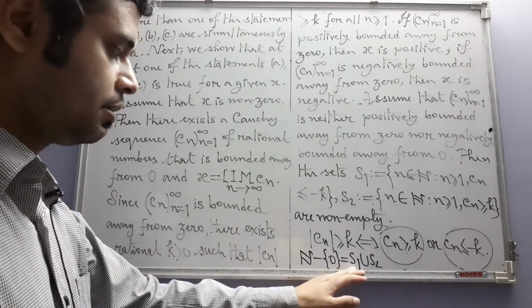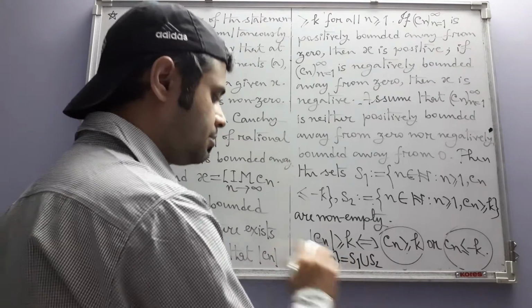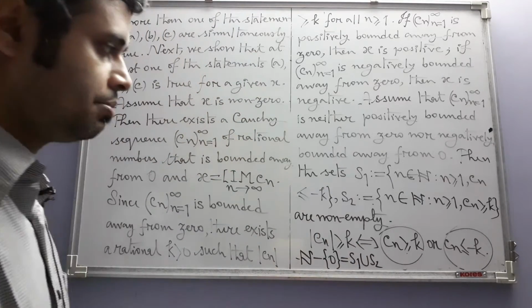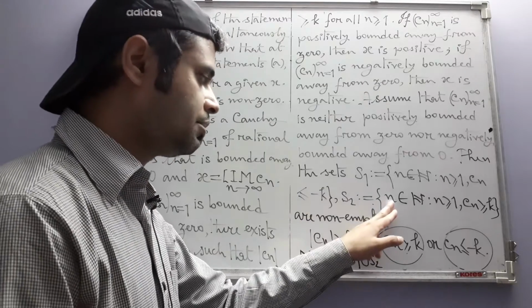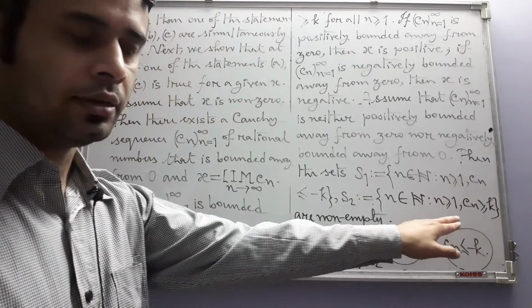So if S1 is empty, the positive integers equal S2. That means for every positive integer n, Cn is greater than or equal to k.